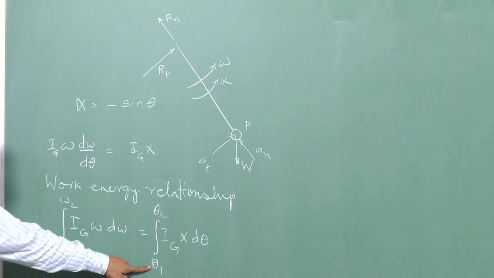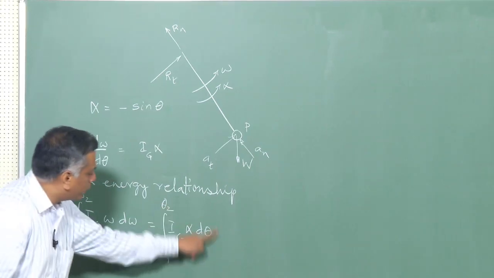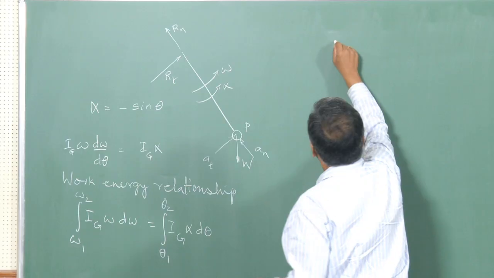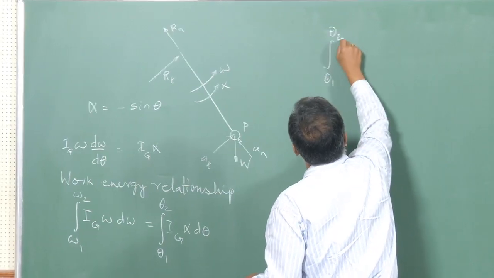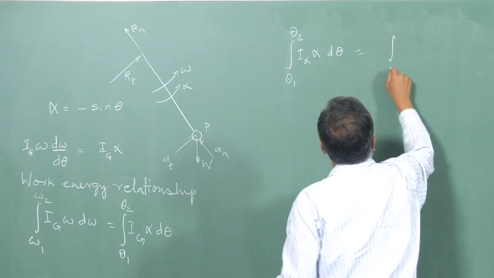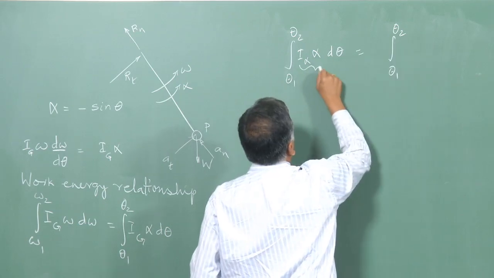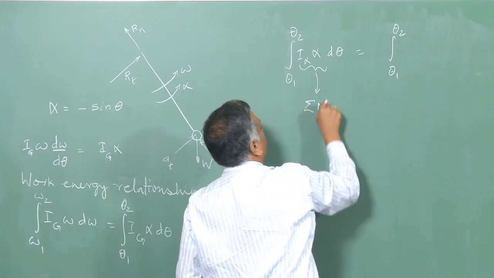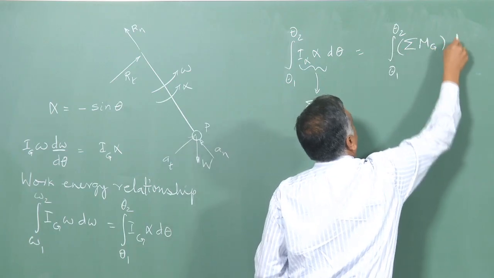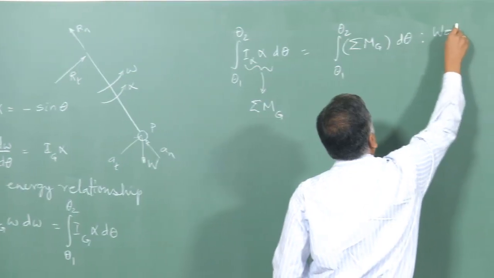If I am going from some initial state to a final state, then the work done in the angular sense, I can replace this part with the sum of all moments about G. So this part is essentially the work done in an angular sense.